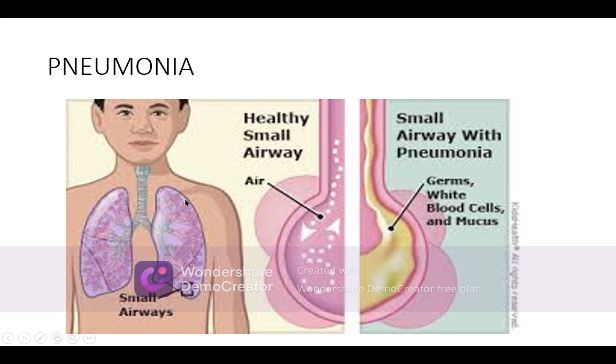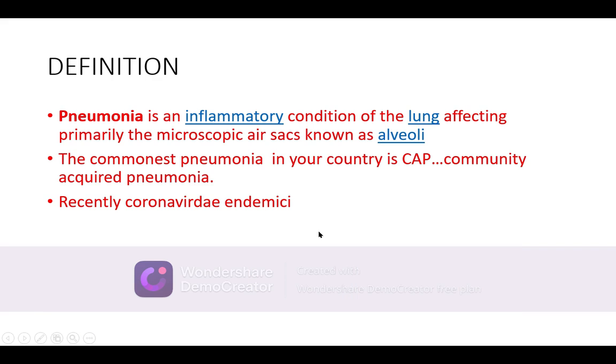Now coming to pneumonia. Pneumonia is an acute inflammation of the lung where the pulmonary parenchyma is involved. There will be consolidation. It is an inflammatory condition of the lung affecting primarily the microscopic air sacs, the alveoli.